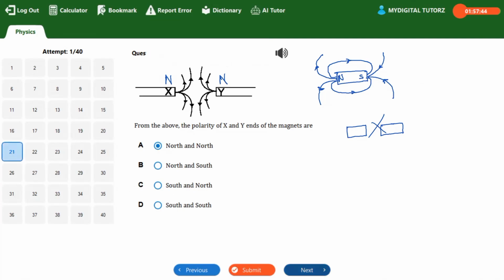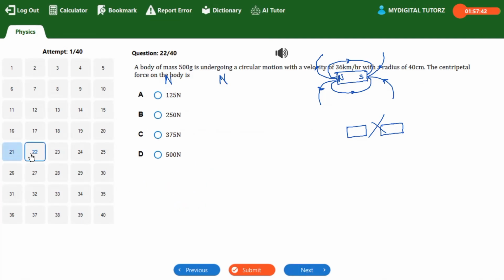The next question is question 22. It says, a body of mass 500 grams is undergoing a circular motion with a velocity of 36 kilometers per hour with a radius of 40 centimeters. The centripetal force on the body is, so you're looking for the centripetal force here. This is under circular motion.